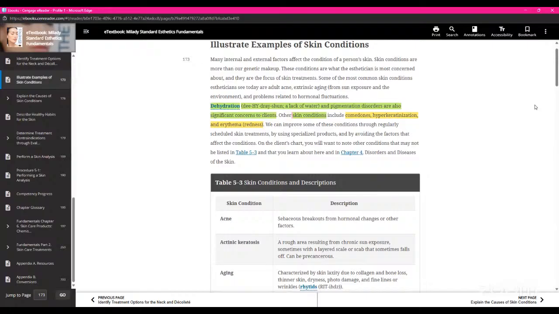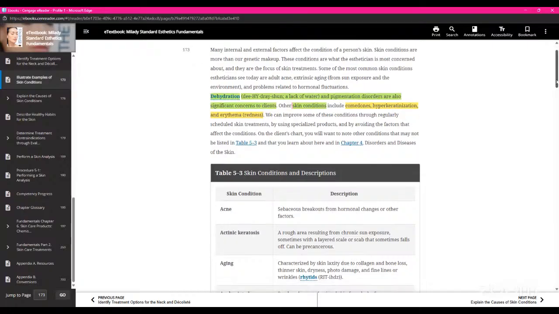We are supposed to be solutions. Everybody wants a solution to what's going on with the skin. So within our scope of practice, we can help them as much as possible and then refer them out if it gets to a place where we cannot assist them anymore. But this is the absolute fun part: identifying the skin condition, knowing the description of them, and then saying, hey, these are some things in my scope of practice that we can do for your skin.